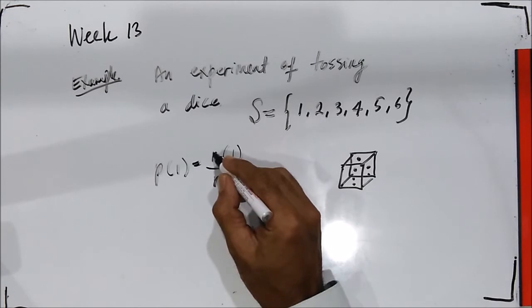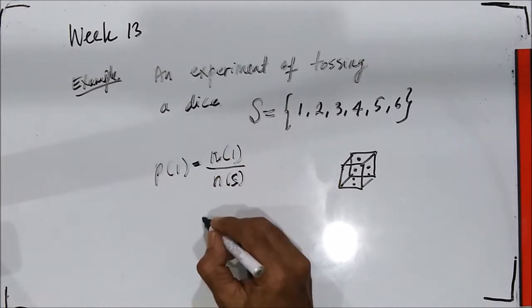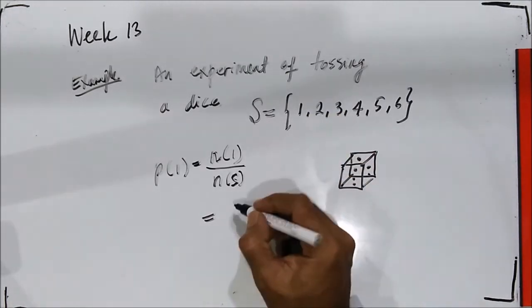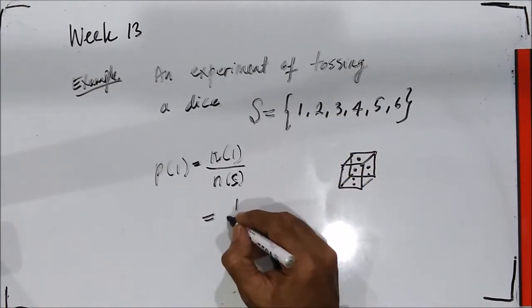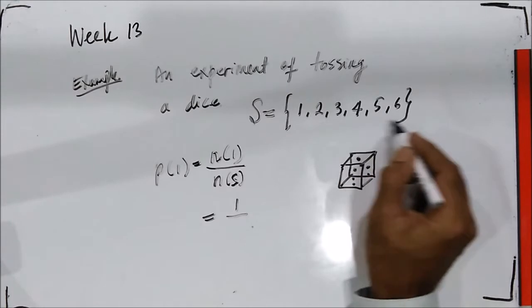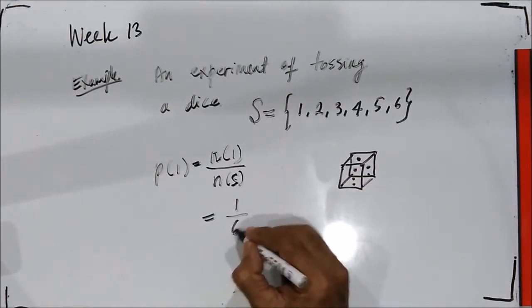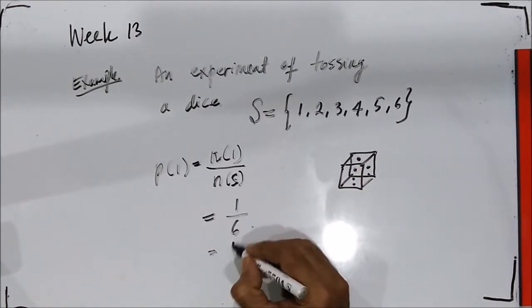So n(S) here is the number of possible outcomes, which is equal to 6. So this is equal to 1 over 6.